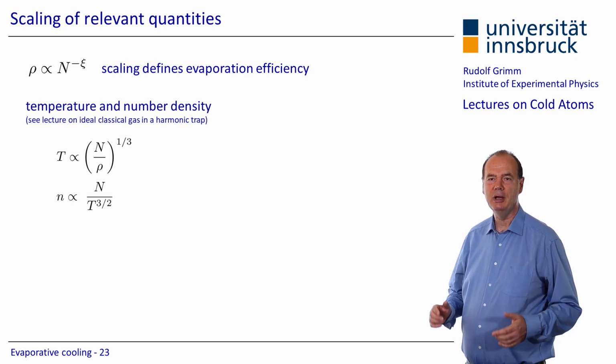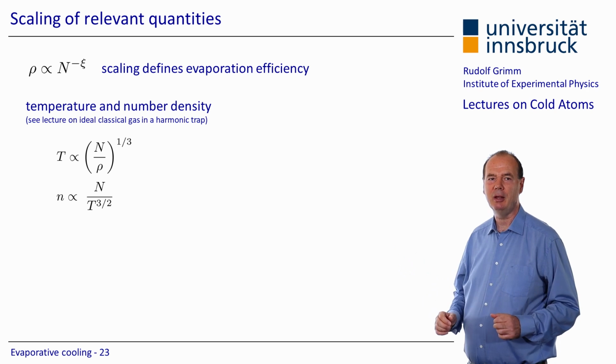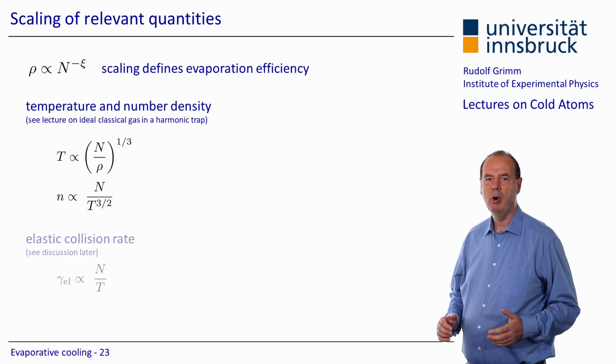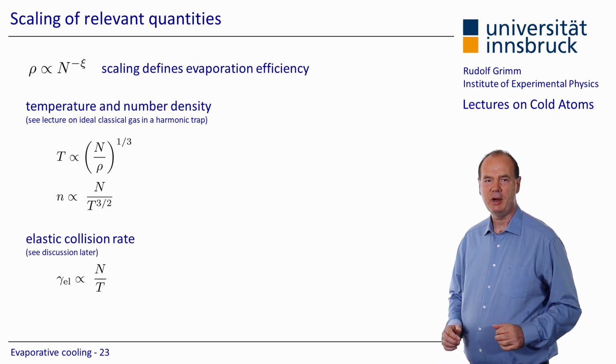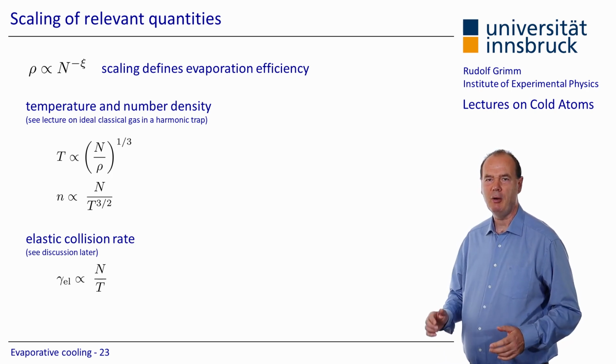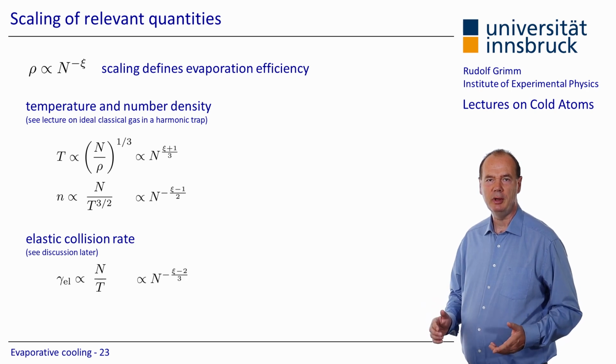And we know how the number density n in the trap center scales with N and T. Moreover, as I will discuss a bit later, the rate of elastic collisions in the trap is proportional to n over T. Finally, we can express all relevant quantities in powers of N, with exponents determined by ξ.